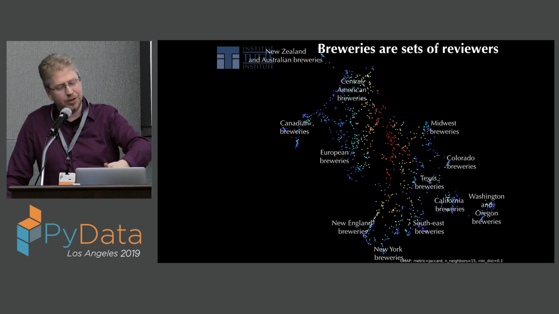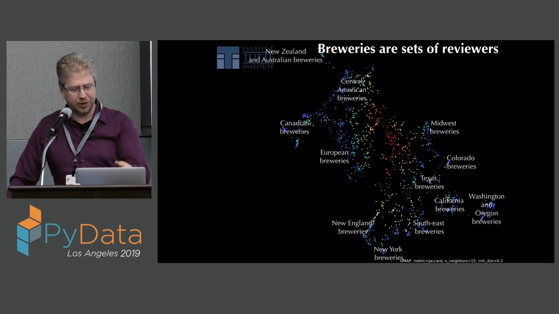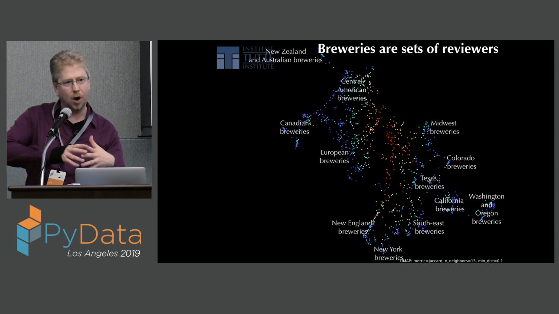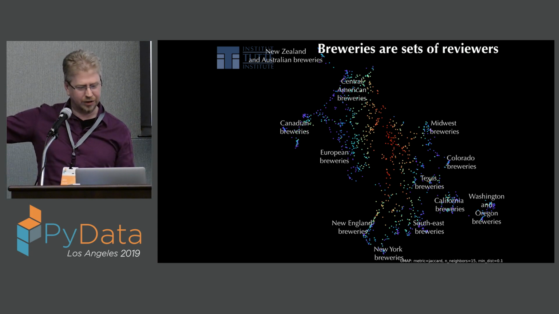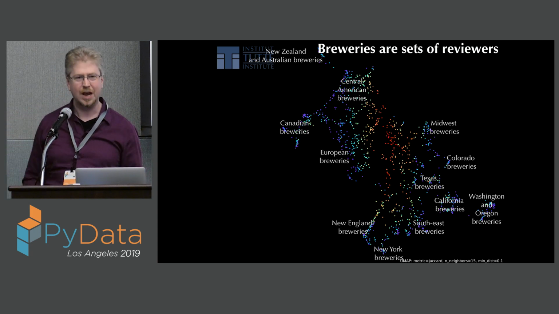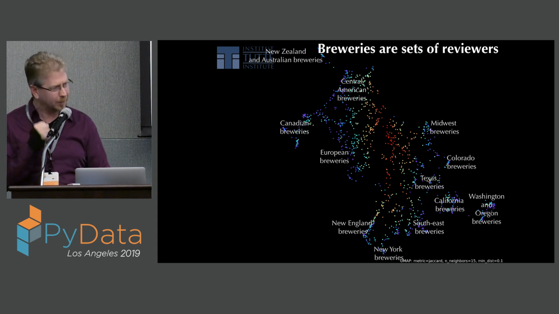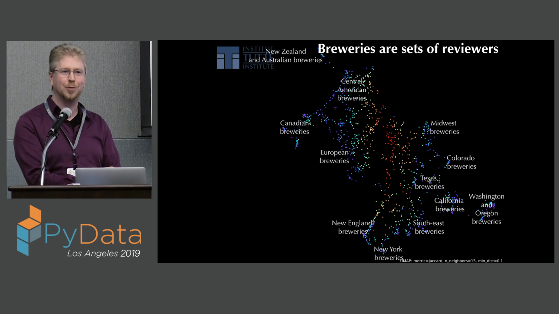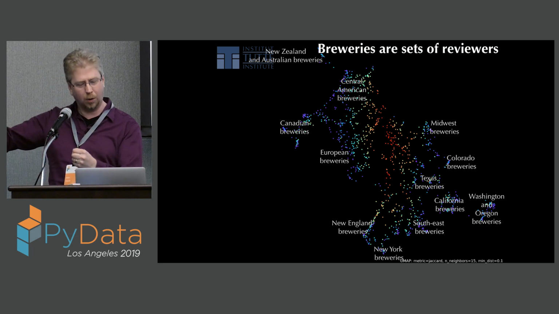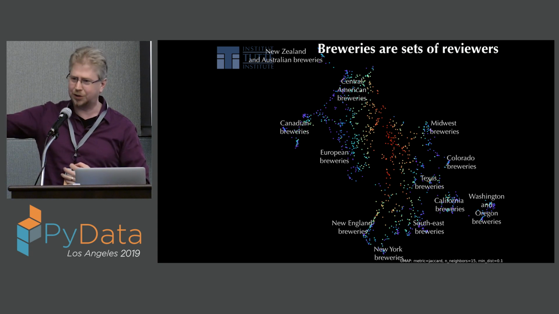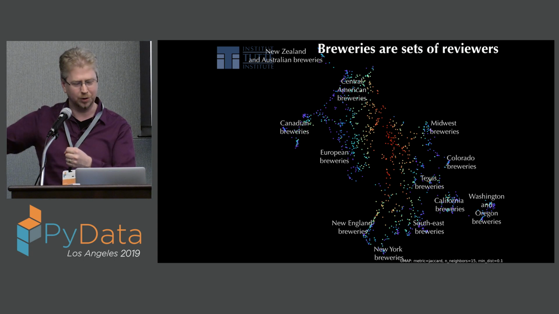You jump to the other side of that big hub, and you get Midwestern breweries coming down to Colorado breweries. Texas breweries, you can go either Californian, or you can transition down to Southeast breweries. Californian breweries really group up together, and folks really like, if I'm in Californian breweries, I tried just the Californian breweries. But they're a little close to the Oregon and Washington State breweries, which also cluster up together, and which says, oh no, these breweries stick together and people like all of the beers from those regions.